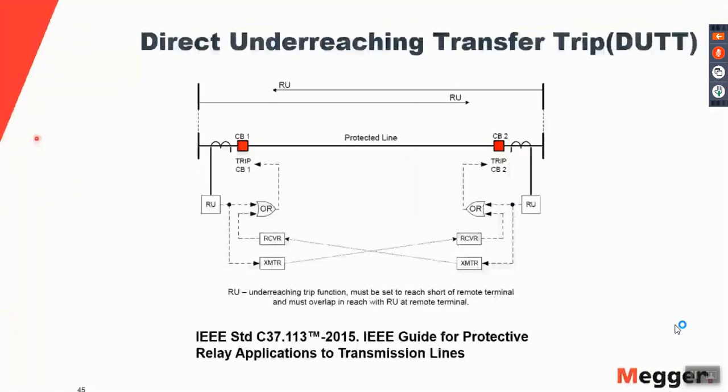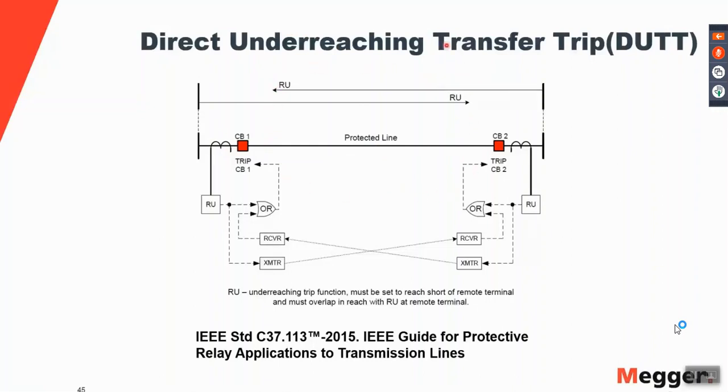Now, in the case of direct under-reaching transfer trip, well, the name says it all. It's direct trip, which means that as long as one of the relays sees the fault, it trips, and then it commands the other guy to do the same. Under-reaching, because they're only looking for faults on the first zone of protection, okay?